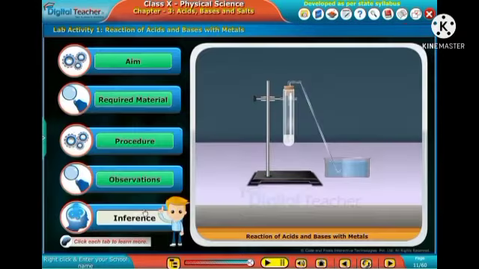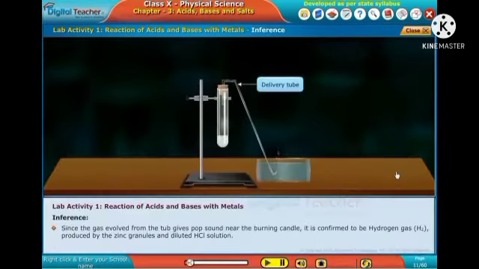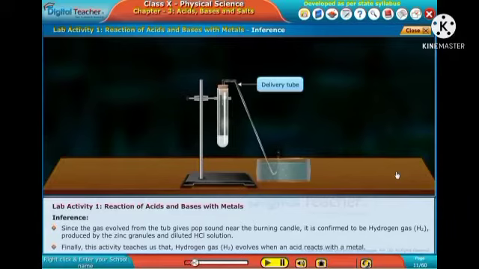Inference: since the gas evolved from the tube gives a pop sound near the burning candle, it confirms to be hydrogen gas produced by the zinc granules and dilute hydrochloric acid solution.